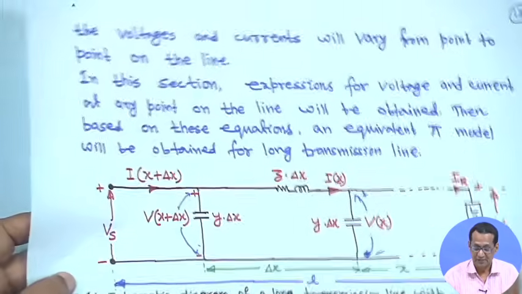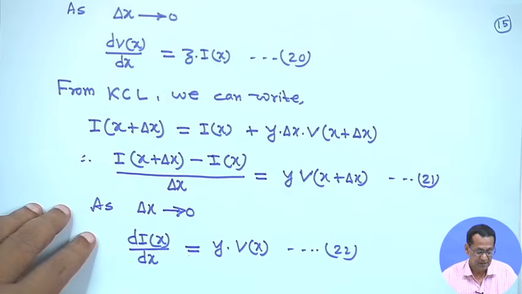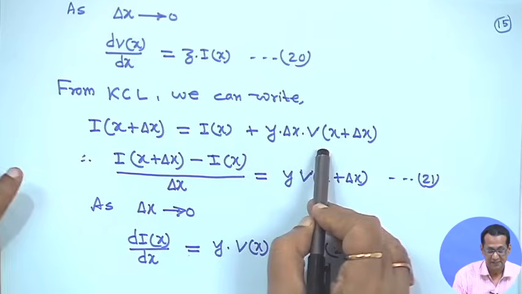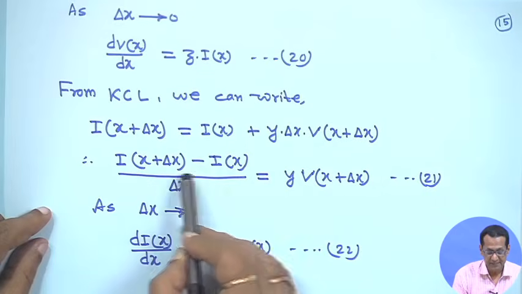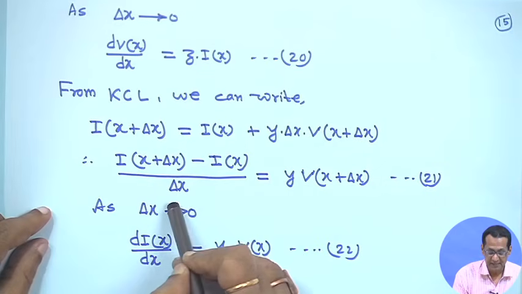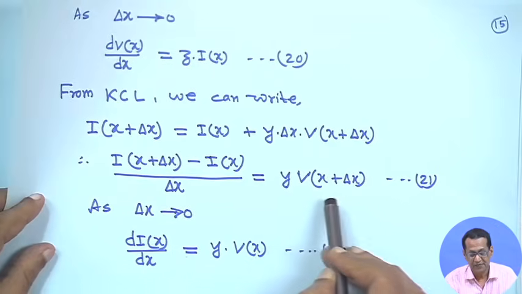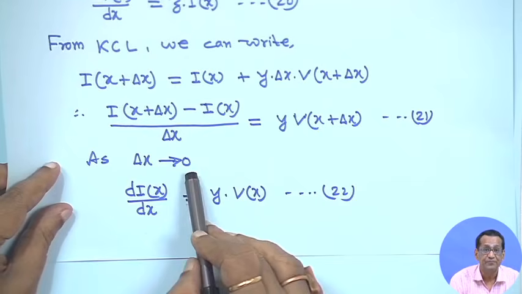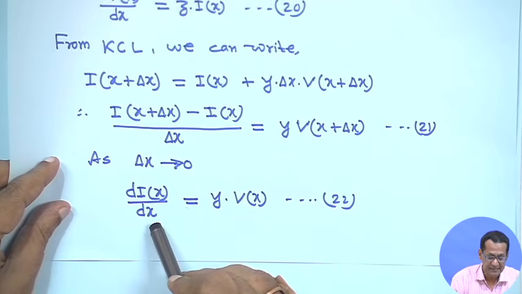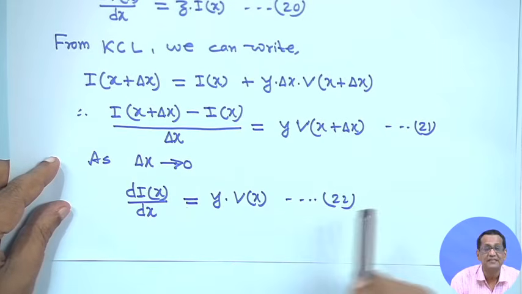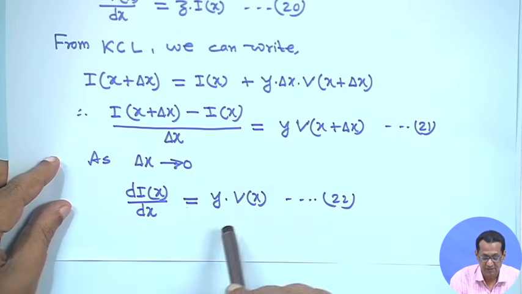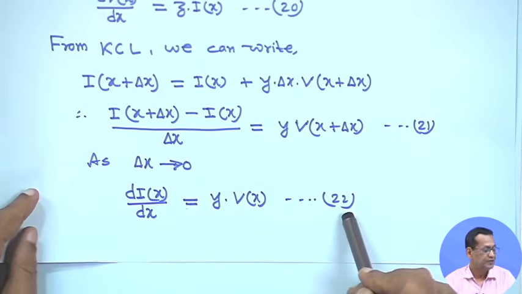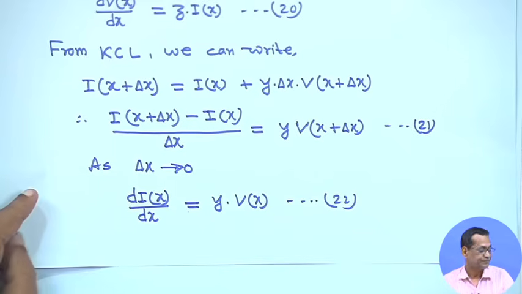This is your current equation. You can write I x plus delta x minus I x divided by delta x is equal to y into V x plus delta x. As delta x tends to 0, dIx upon dx is equal to y into V x. This is equation 22.